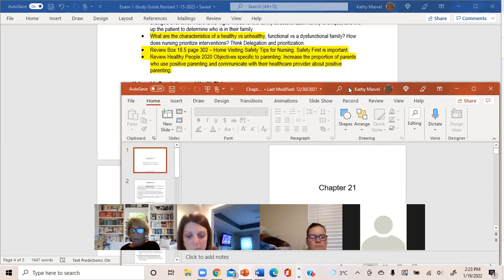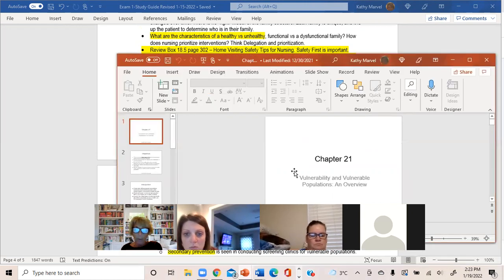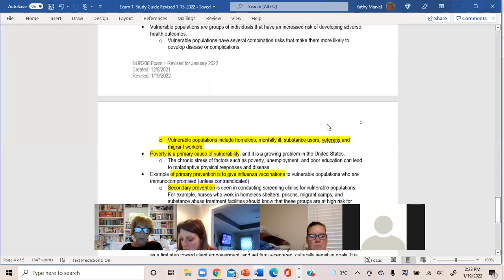Yeah. Okay, so focus on 21 as well. 21 is an important chapter, vulnerability and vulnerable populations. Because think of community and public health. A lot of what we're going to be dealing with in the community are vulnerability and vulnerable populations.